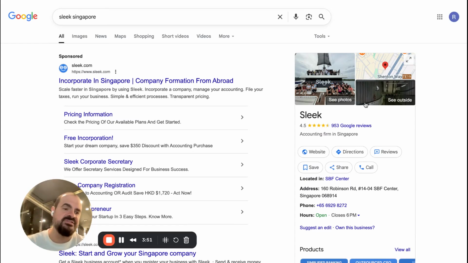So in the first place, very simple, you have to give them your right address, but you also have to use this address everywhere. If you mention this address elsewhere, be it Instagram, Facebook, LinkedIn, your website, wherever, always use the same address.